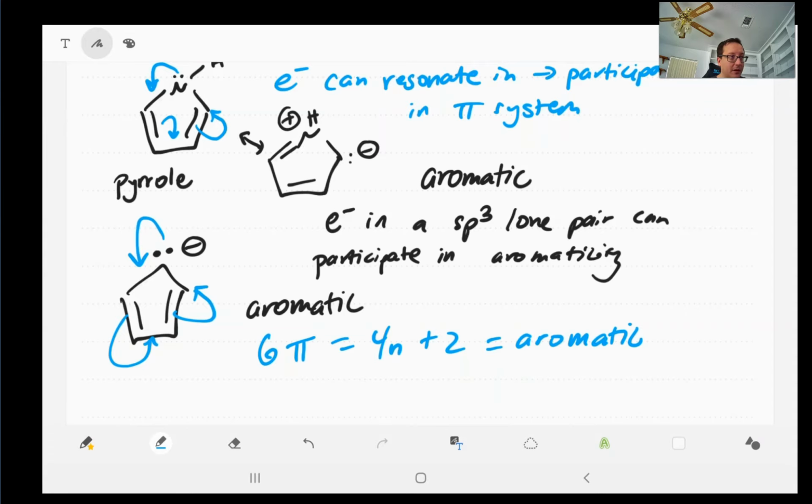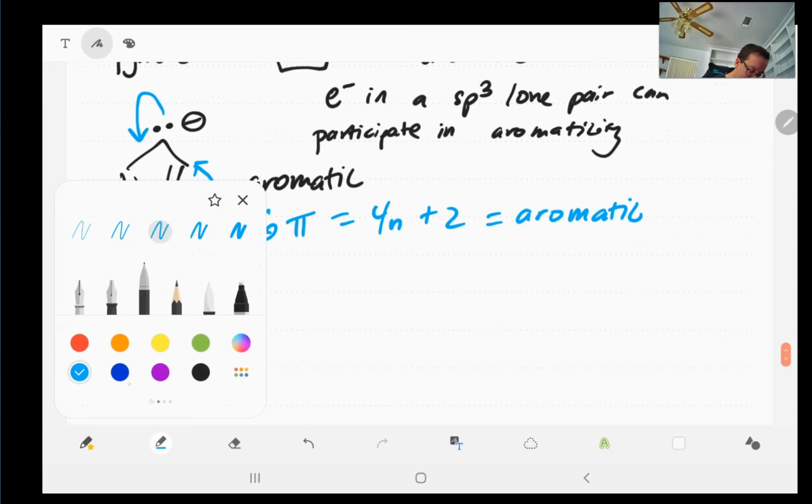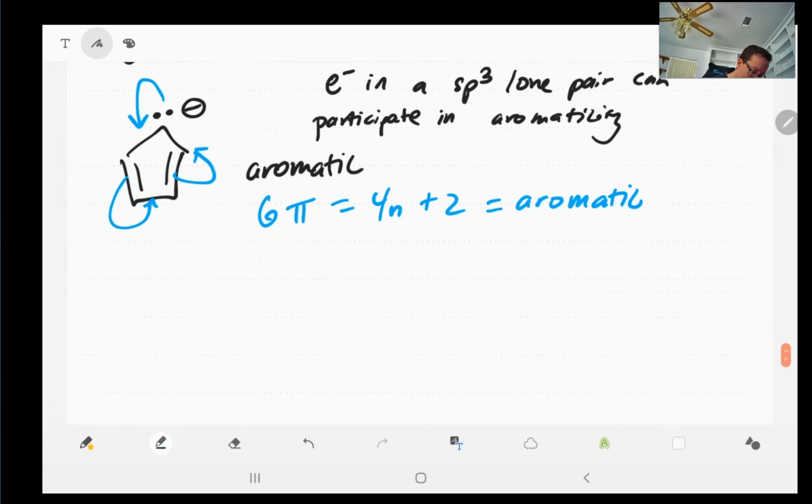All right, so we can keep doing stuff. Sometimes though, if you have heteroatoms, they might not be aromatic, or they might just not do anything at all. If you have pyridine, I mean, it's certainly aromatic already.